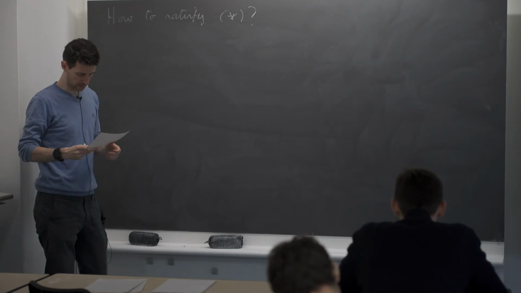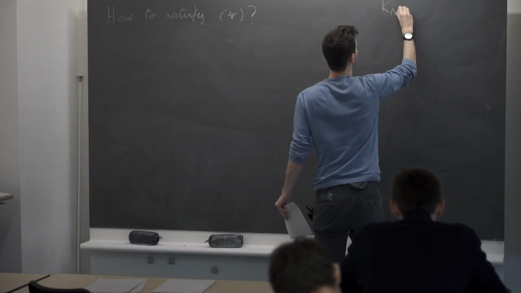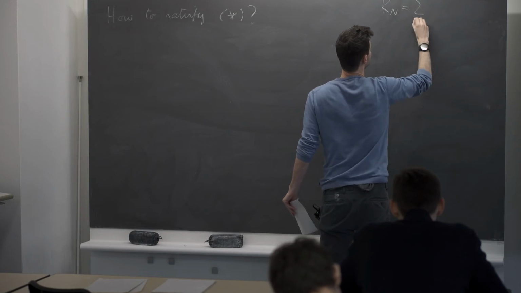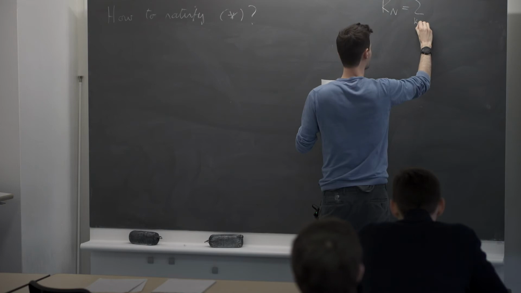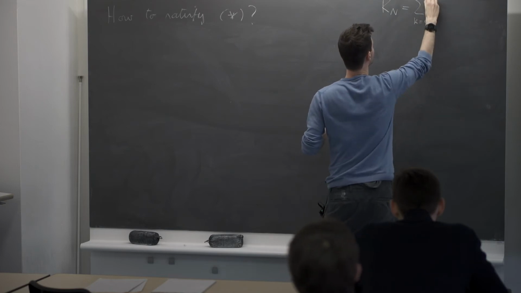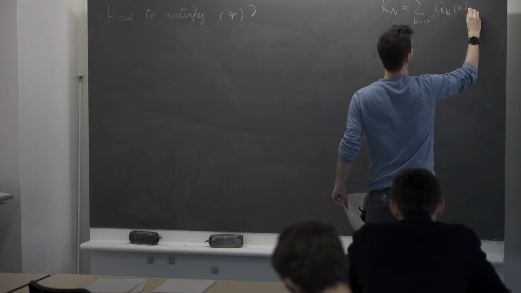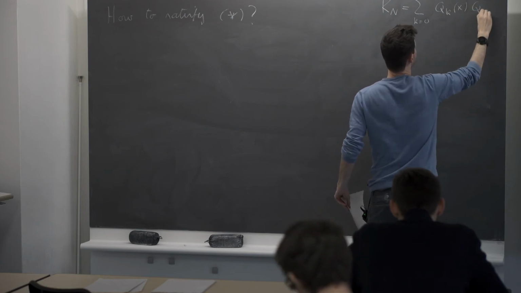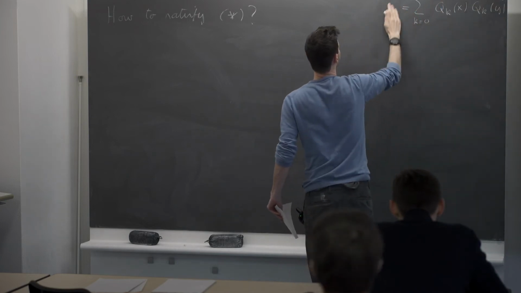And remember that Kn, so this was the sum where k goes from 0 to n minus 1, Qk of x, Qk of y bar.